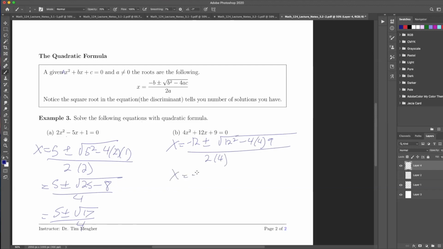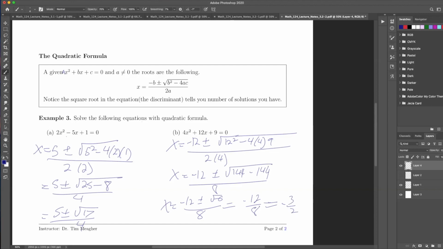And so here we have x equal to minus 12 plus or minus the square root of 144 minus 144 all over 8. So that's minus 12 plus or minus the square root of 0 over 8, which is just equal to minus 12 over 8, which I can simplify. I can pull out a 4. So this would be minus 3 over 2. Okay.